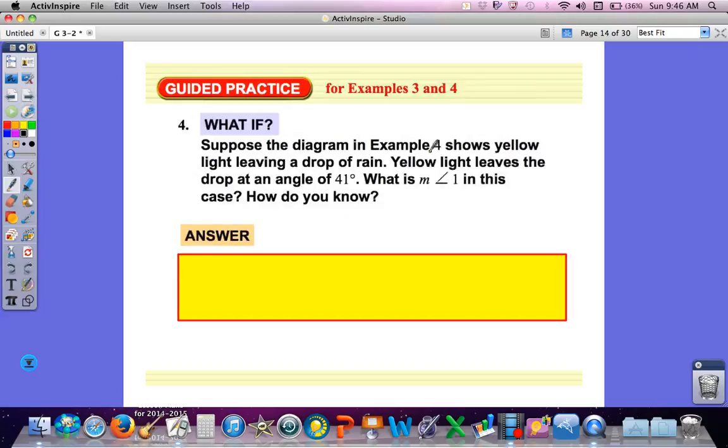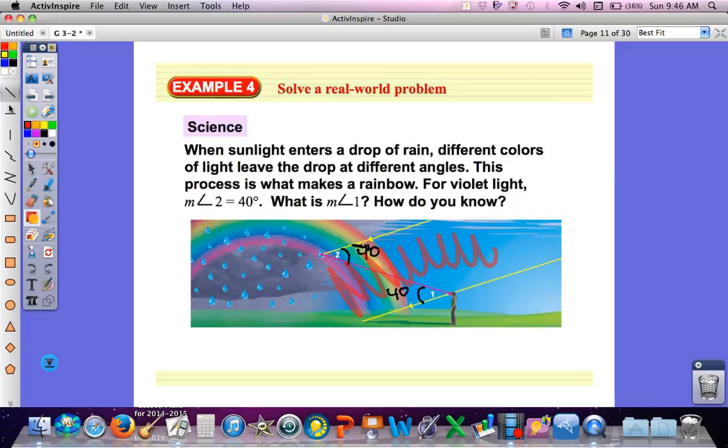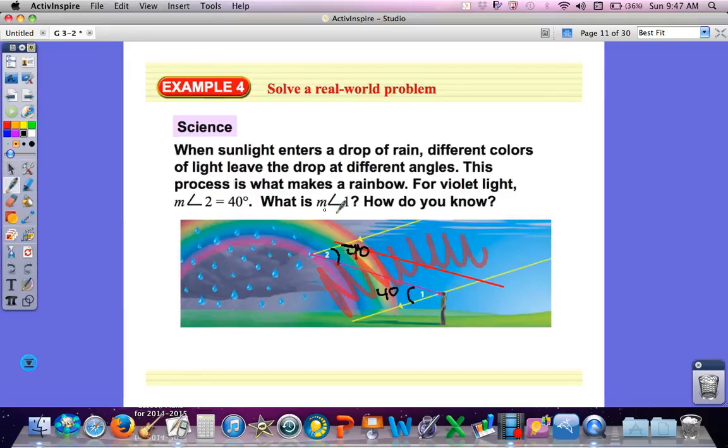Suppose example 4 shows yellow light leaving a drop of rain. Yellow light leaves the drop at an angle of 41 degrees. What is the measure of angle 1 in this case? So let's look at this. Let's say the angle here is 41. So we're going to draw a new transversal, and we're going to label that 41.